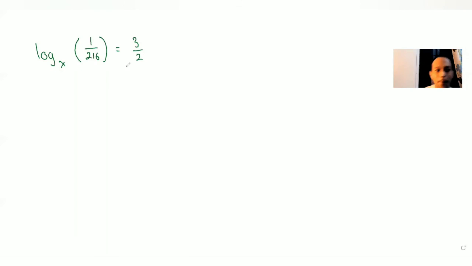Now, first I want to remind you that when you write the base, you have to be clear; it is not on the same level. If I want to solve this, I always transform it into an exponential equation. So it becomes x, the base, to the 3/2 power equals 1/216.